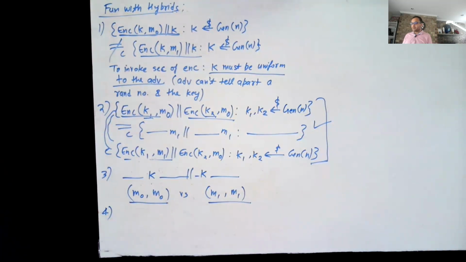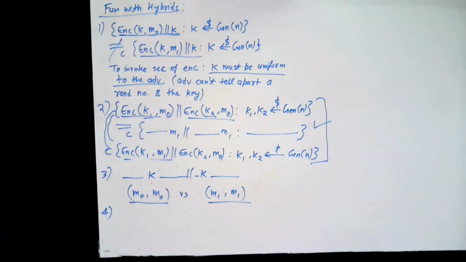Yeah, did you have a question? Yes. So, sir, for 3, you said you need multi-message security. But if you are encrypting the same message, like M0 and M0 with K1 and K1, and on the other side M1 and M1 with the same key, why do you need multi-message security?